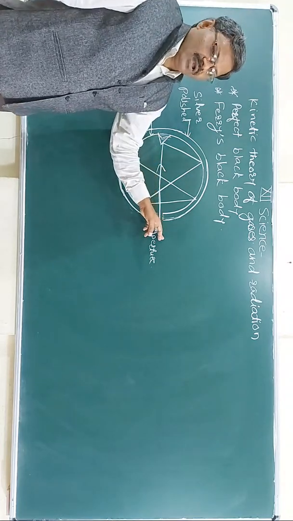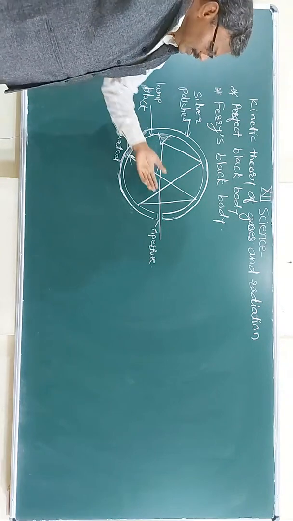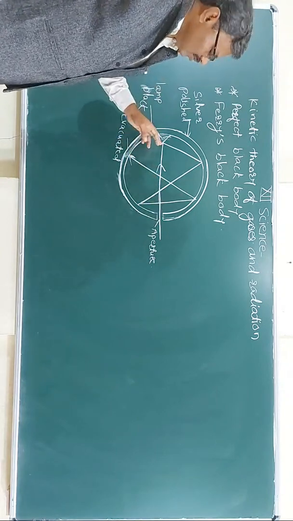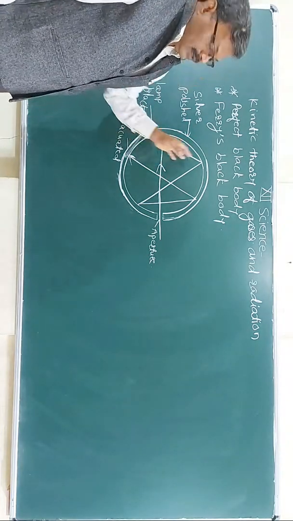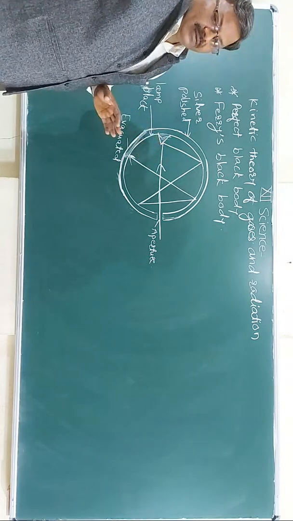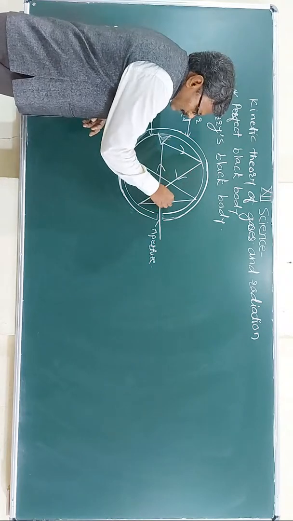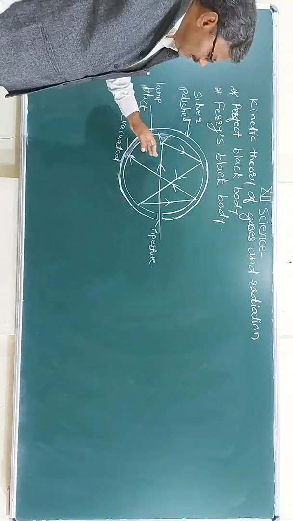through the small aperture. When the ray enters through the aperture and is incident on a conical projection, the rays suffer multiple collisions.